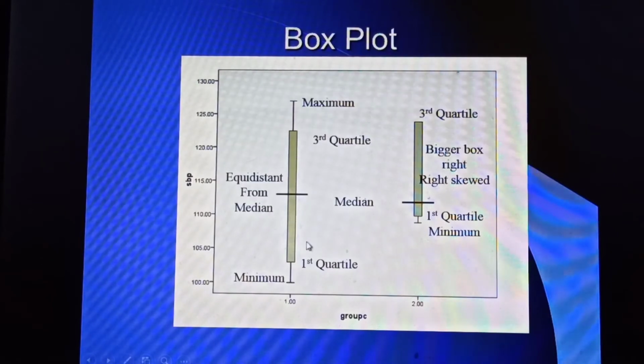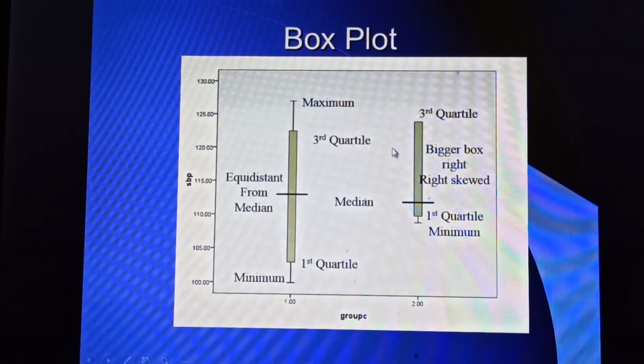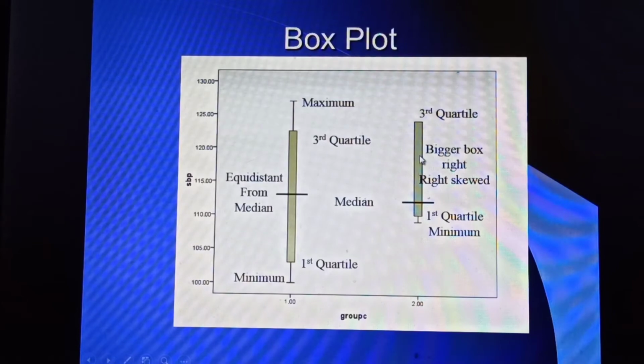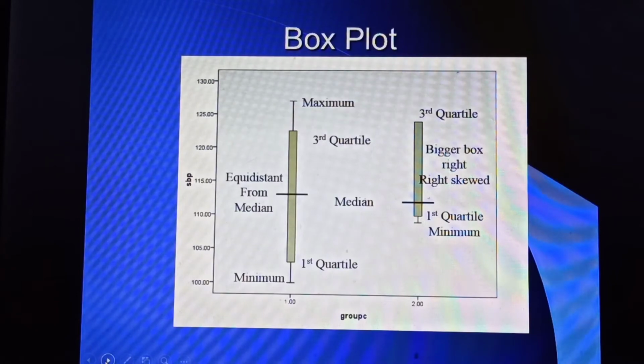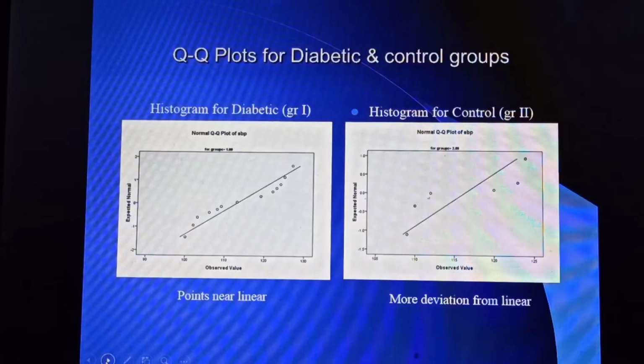That is the reason it appears, as in some tests, as supporting normality. Here it is a right skewed distribution in the case of the control group. Now some indications we can get from box plots depending on the box and the extended minimum and maximum values.